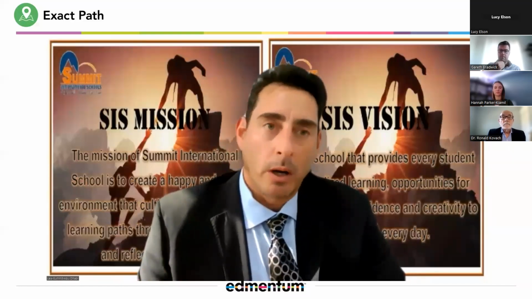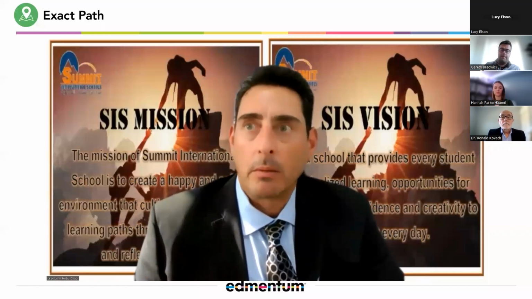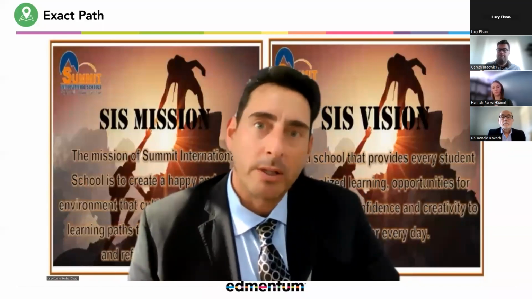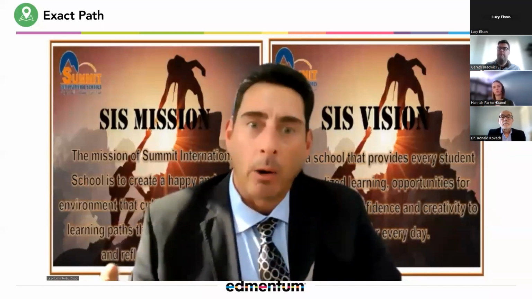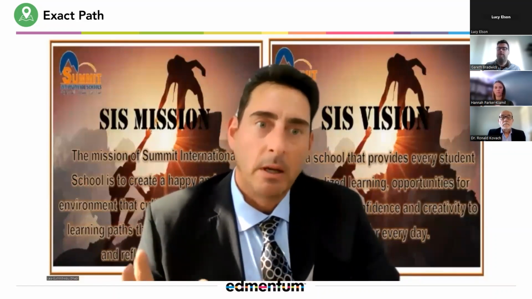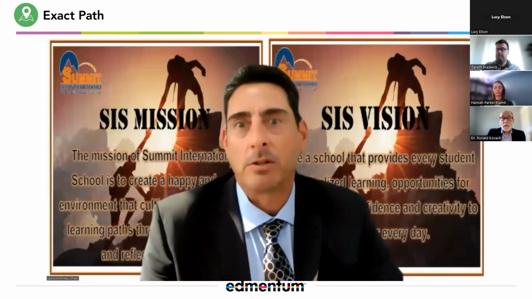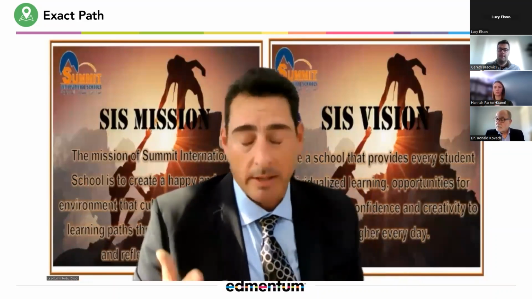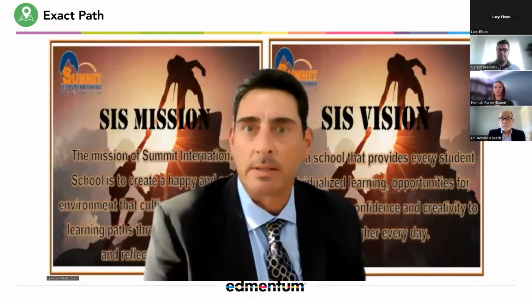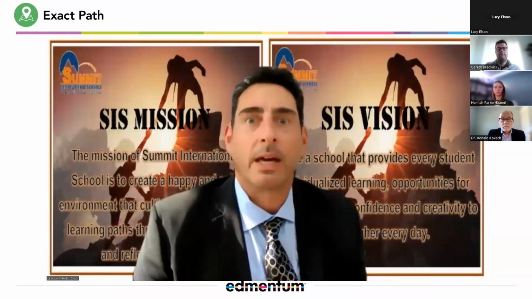So our students were comfortable with this format. When we first started the pandemic, the request from authorities was not to do too much screen time, to back off. So we upped our Exact Path usage in order to kind of supplement the time the students would have with reading and language and math with their teachers. And like I said, as it's turned out over a year and a half now, we didn't see the skills gap. But this also speaks to the idea that the students have to get accustomed to it.